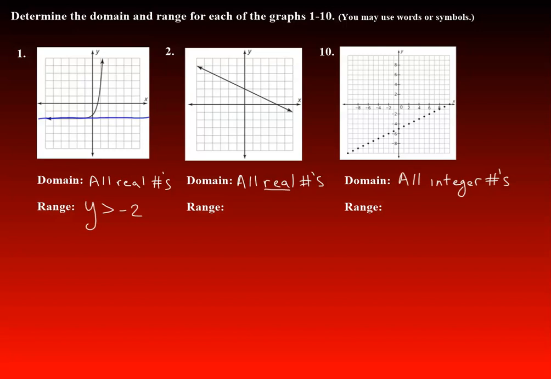Okay, so exponential functions, which is this, do not have an equal to when you write out the range. If you wrote it in words, it would be all real numbers greater than -2. Okay, symbols are a lot less work. Your choice.